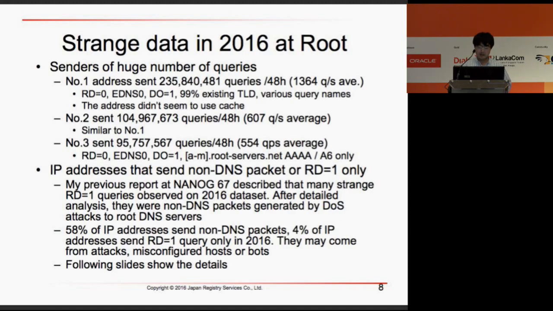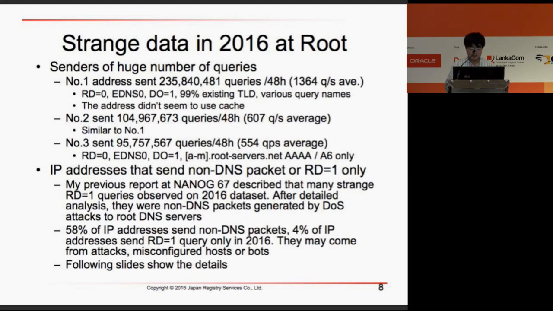And the address sent RD not set with EDNS0, DO bit set. However, the address sent m2m.root-servers.net quad A and A6 only. Very strange. And the other type of strange addresses are IP addresses that send non-DNS packets or RD set only.